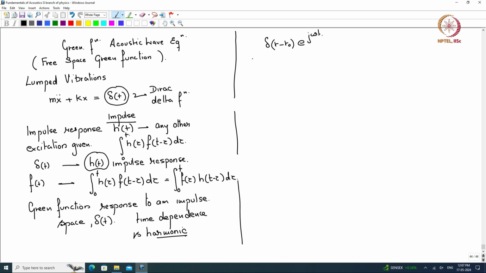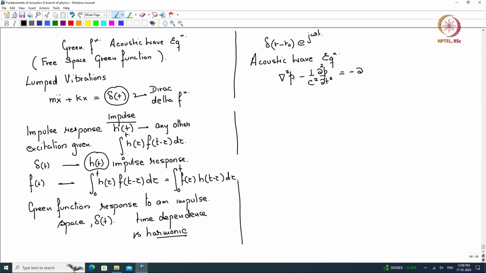So in a general coordinate system, if we write the acoustic wave equation, it is del square P minus 1 over c square del 2 P by del t square is equal to minus a source term.